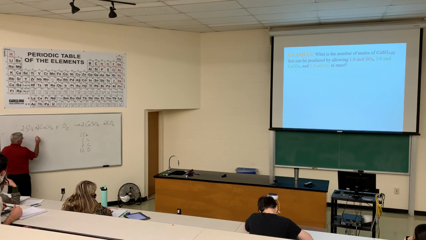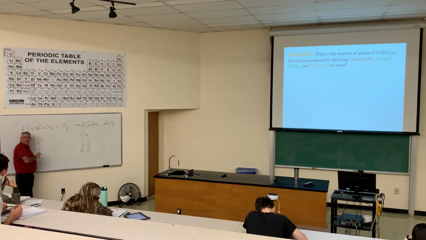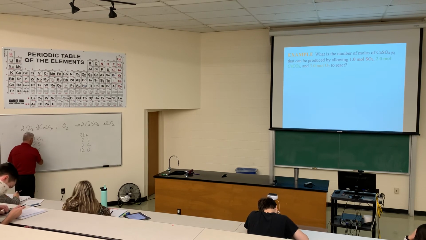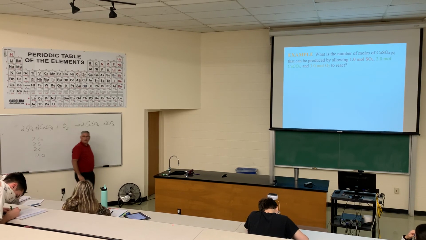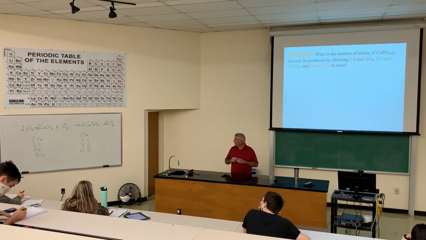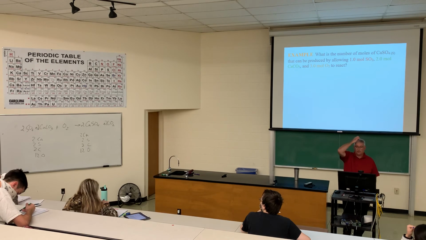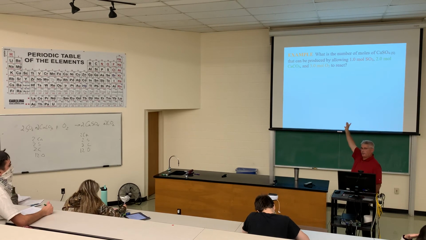Now I've got 2 calciums, and I've got 2 sulfurs, I've got 2 carbons, and I've got 2 times 2 is 4, plus 6, and then 2 more is 12. Guess what we just did? Huh? We balanced it, didn't we? Yeah. So now we have a balanced chemical equation, and so the next thing is to answer the question.